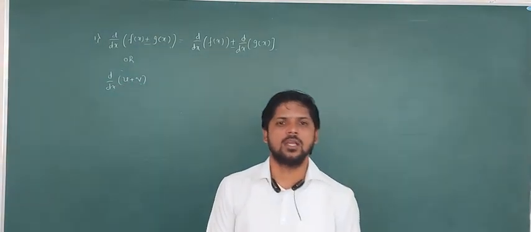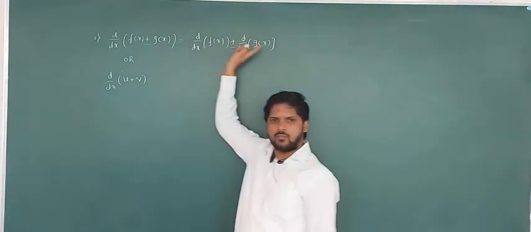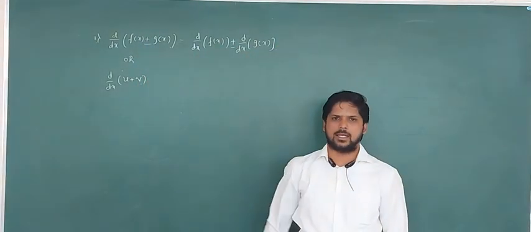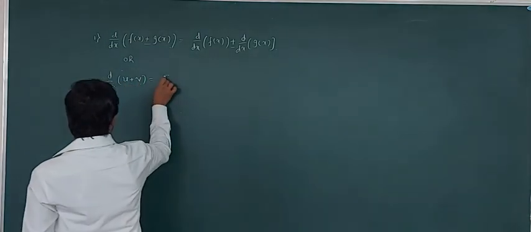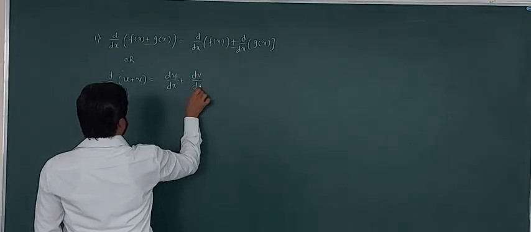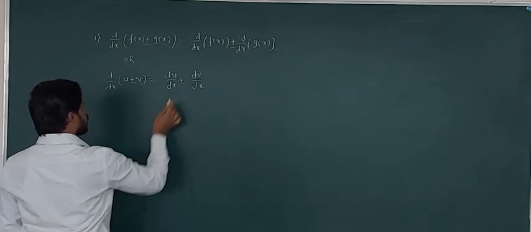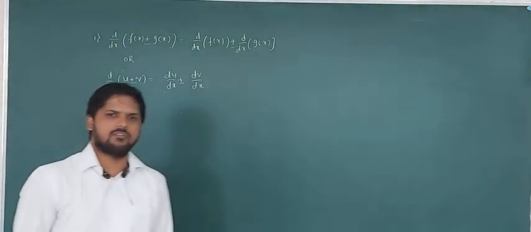Consider u is f of x and v is g of x. This can also be written as du by dx plus dv by dx. If it is a difference of two functions, then du by dx minus dv by dx.